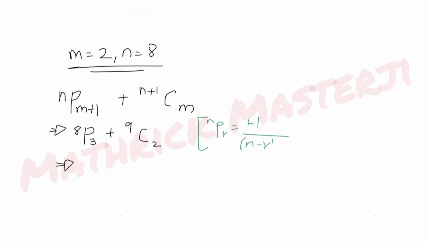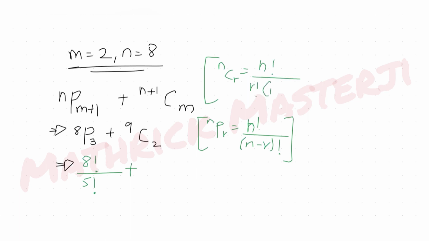So this is 8 factorial over 8 minus 3, which is 5 factorial, plus nCr, which is n factorial over r factorial into n minus r factorial. That gives me 9 factorial over 2 factorial into 9 minus 2, which is 7 factorial.